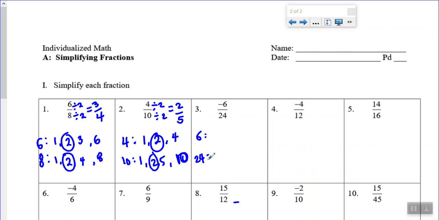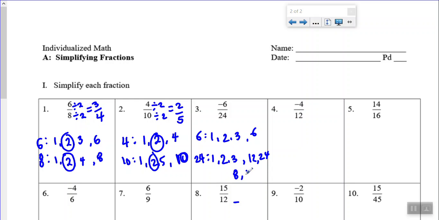Okay, you have 6 and 24. What are the factors of 6? 1 and 6. 2 times 3 makes 6. For 24, 1 times 24 is 24. 2 times 12 is also 24. We don't have space here. 3 times 8 is also 24. I'm sorry, I don't have space.